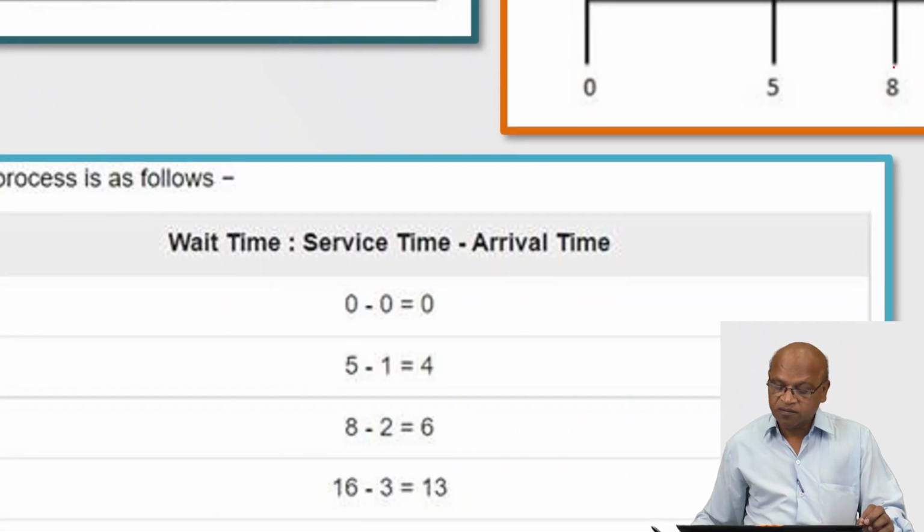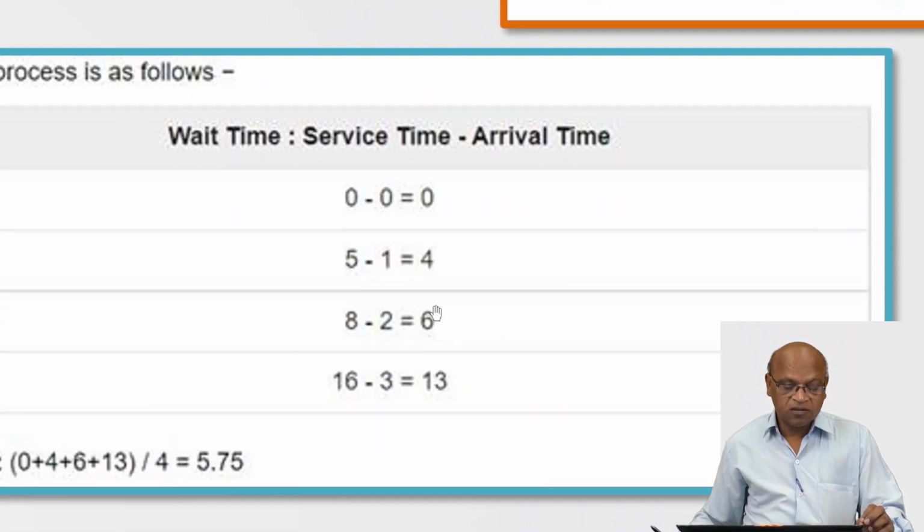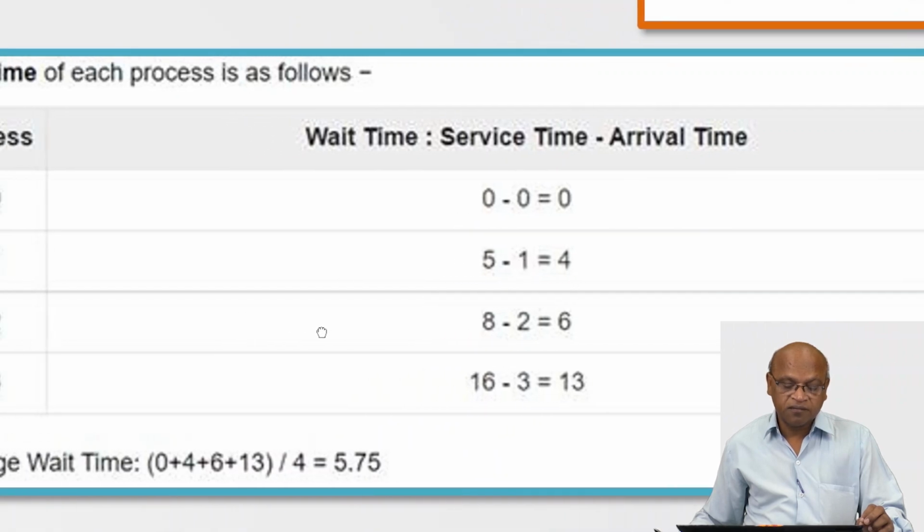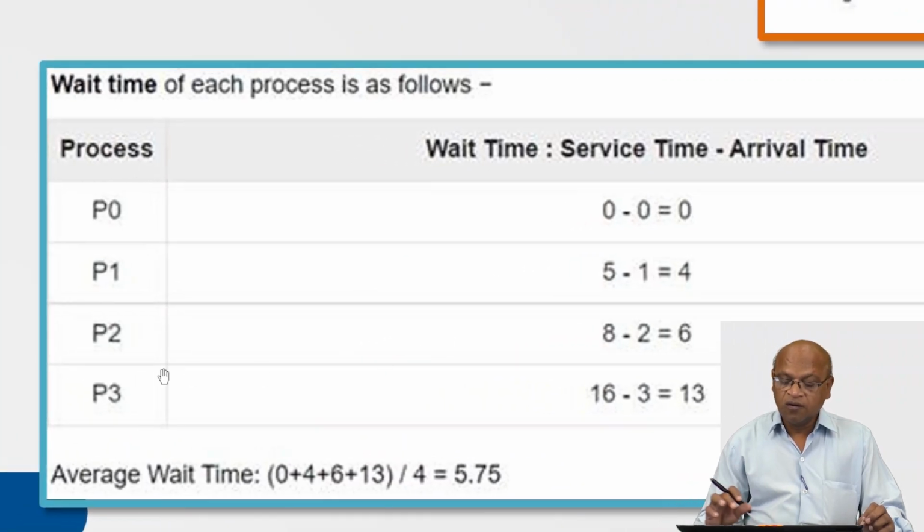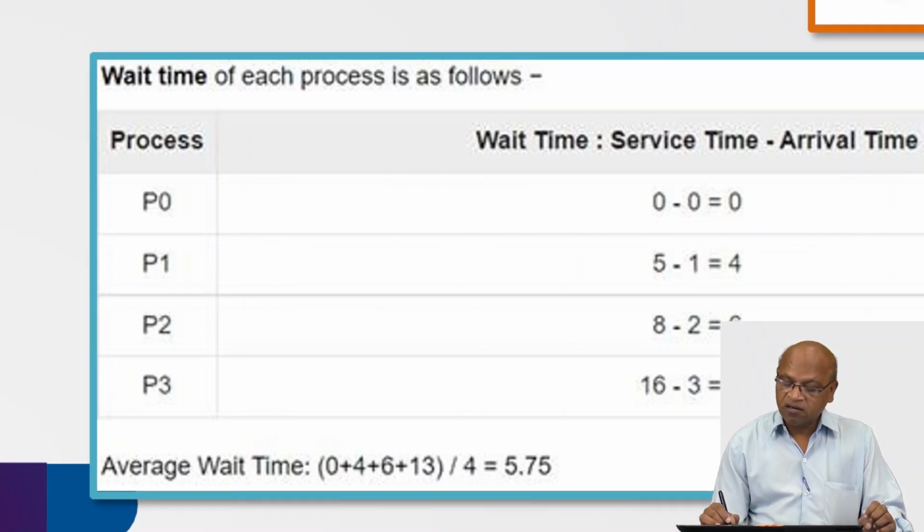So we'll see one by one. Service time of P1: 5 minus 1, 4. For the waiting time of P2, 8 minus 2, 6. And for P3, 16 minus 3, 13.